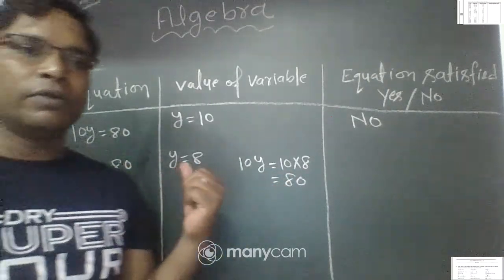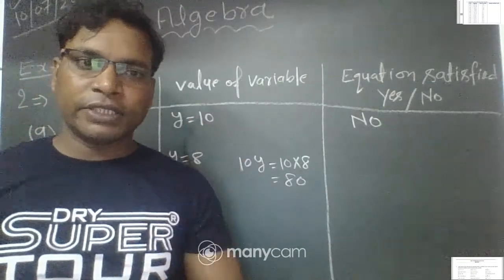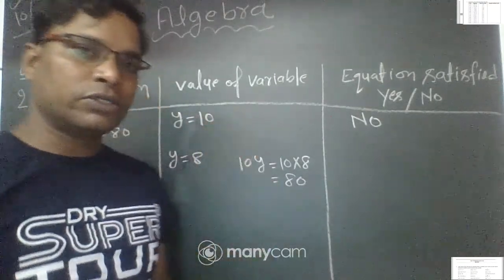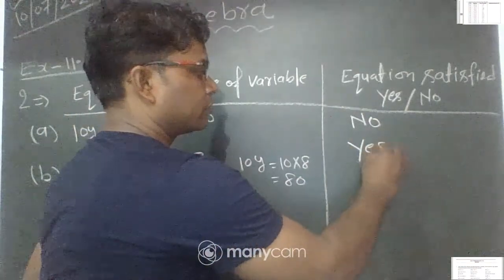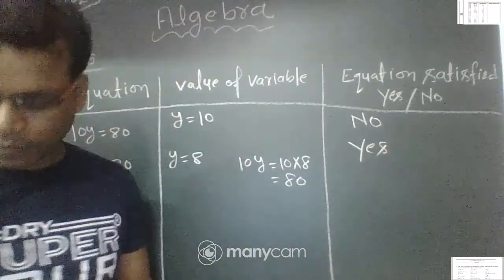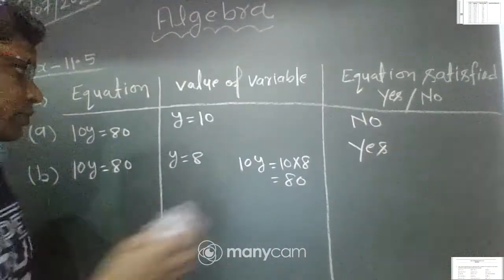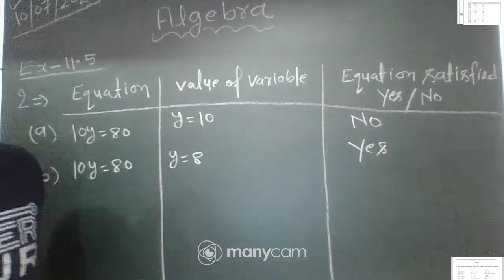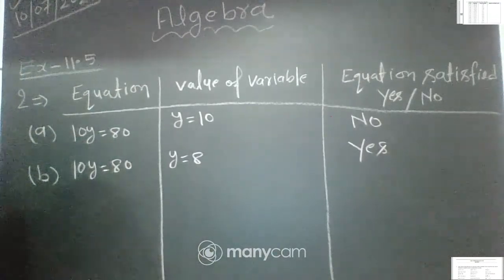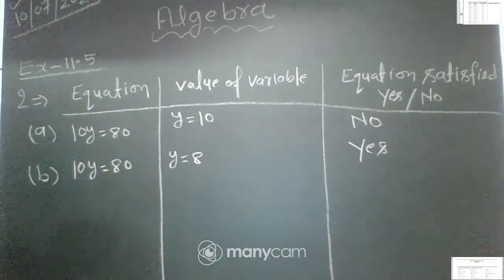So you can say the value of y satisfy this equation. So you can write here yes. Clear? Now, next part of this question, C part. What is the C part? C part is 10y is equal to 80.